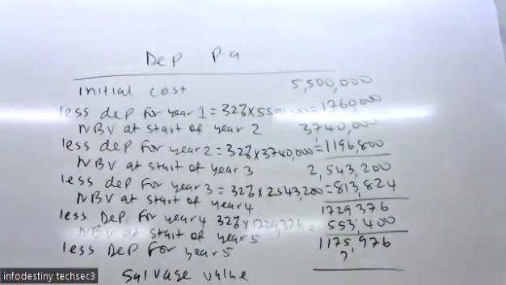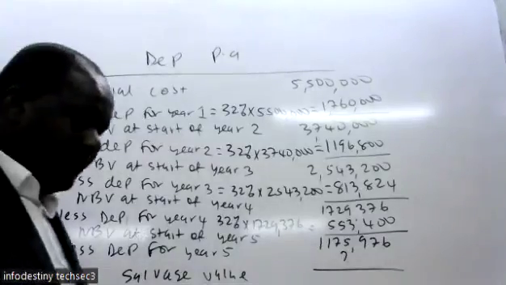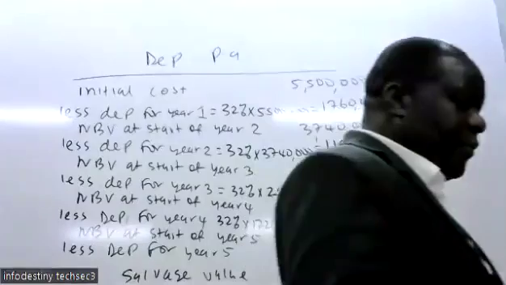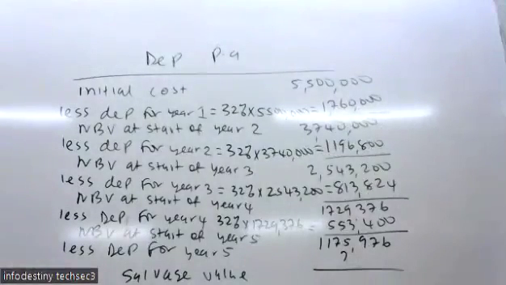So in the question, what are we given as the salvage value? When you check through the question, they had given you information at the end of the first paragraph.